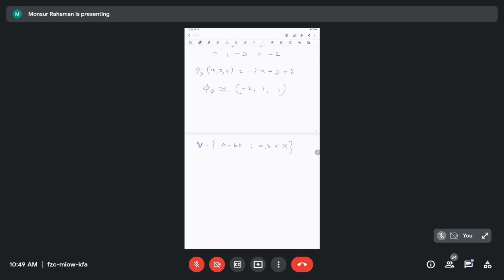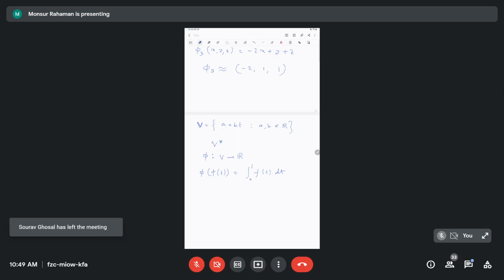Now you need to find the dual space V star. So dual space means phi from V to R, and phi can be defined in any way. So phi of f(t) equals the integral from 0 to 1 of f(t) dt.